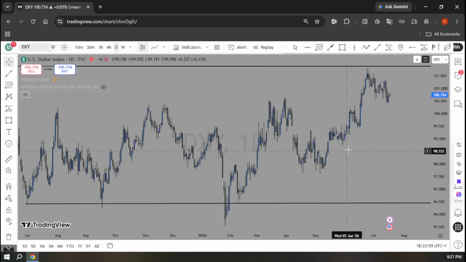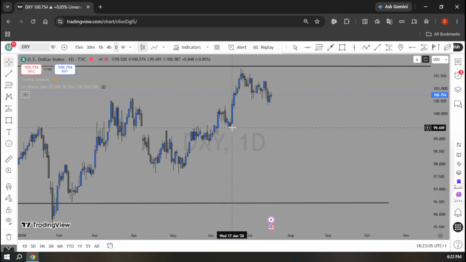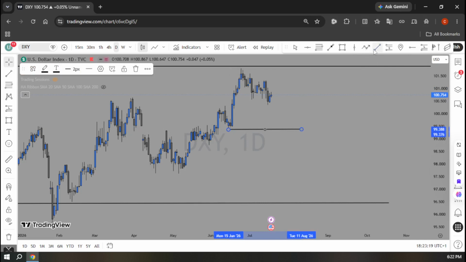So let's talk about the current latest dealing range that we have. So this is our dealing range, this area to this area. This is our current leg of price action where price pulled up to on the daily time frame. And on this, I'll be having this as low and this as the high.